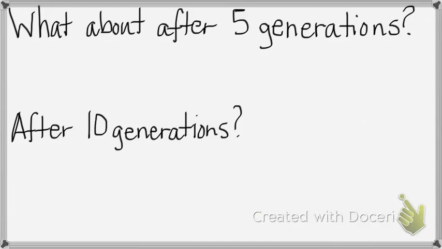How about 5 generations later? The same, because it's an equilibrium. It's not changing. How about after 10 generations? Still the same, because it's an equilibrium. It is not changing. If it's obeying Hardy Weinberg, it is not evolving.